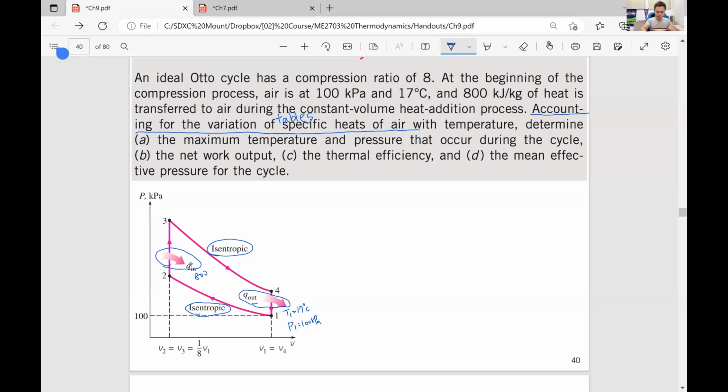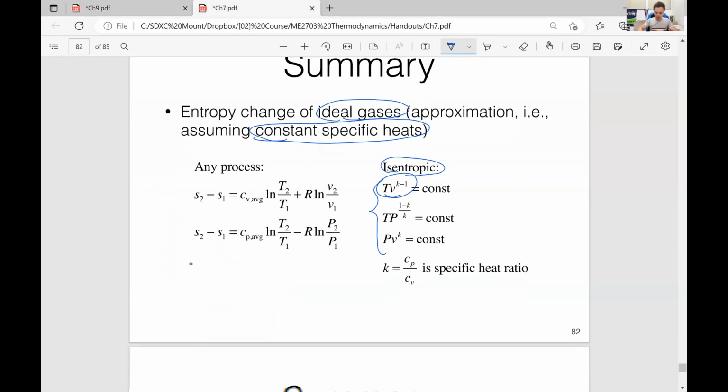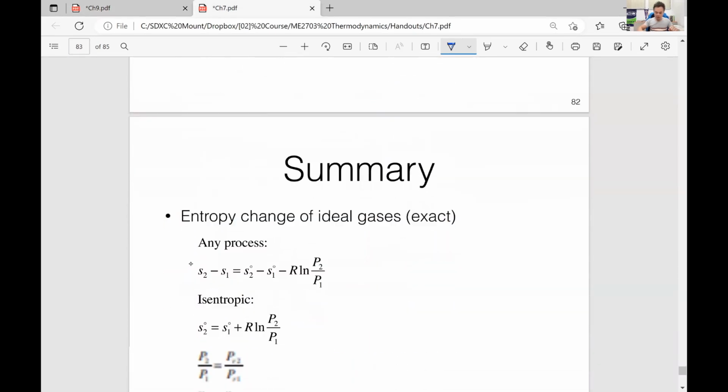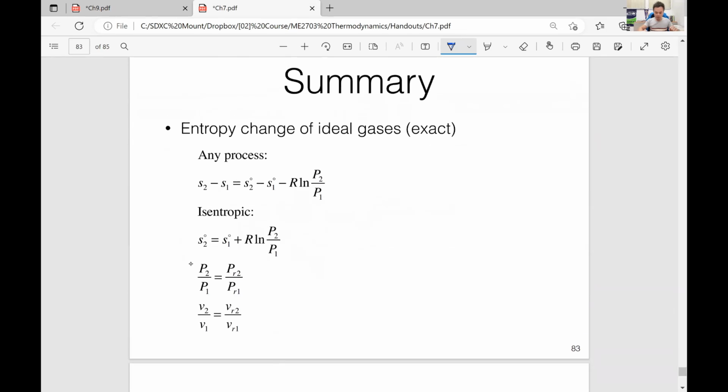For an ideal gas undergoing an isentropic process, you have these two useful equations. This is exact, accounting for the variation of the specific heats, so you will need to use tables.